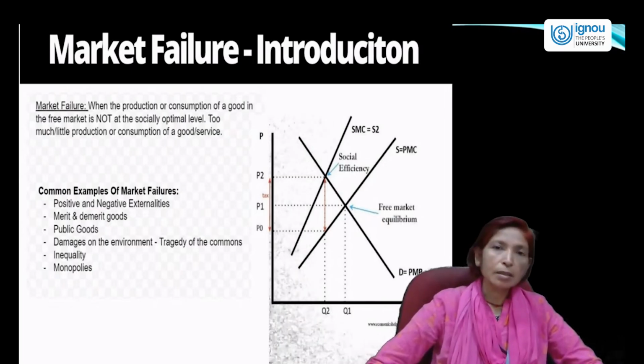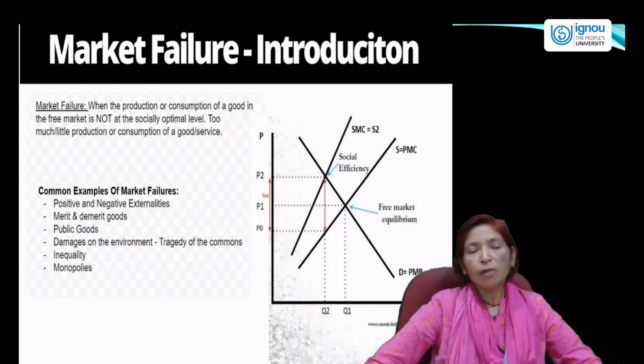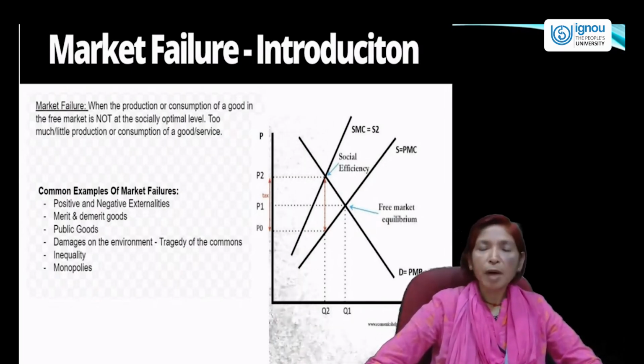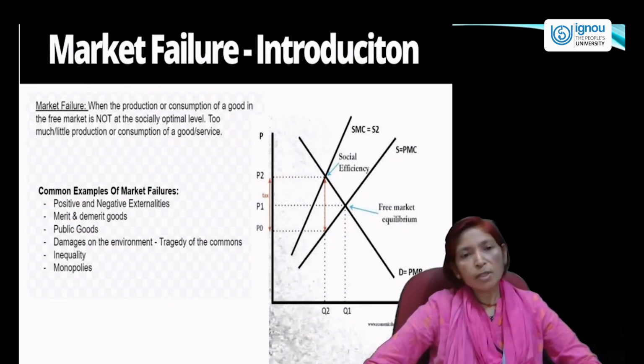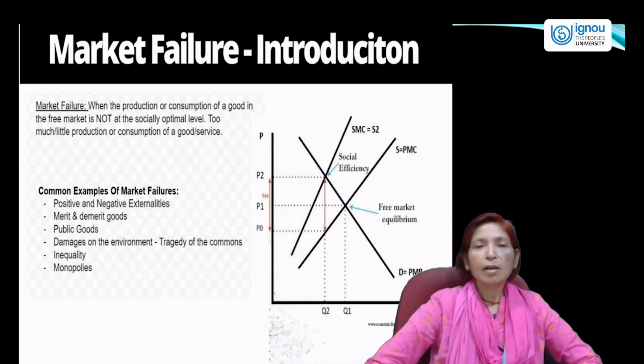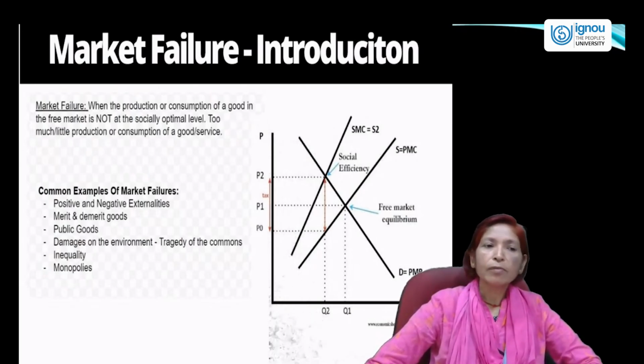When the production or consumption of a good in the free market is not at the socially optimum level, too much or too little production or consumption of goods and services is the cause of market failure.